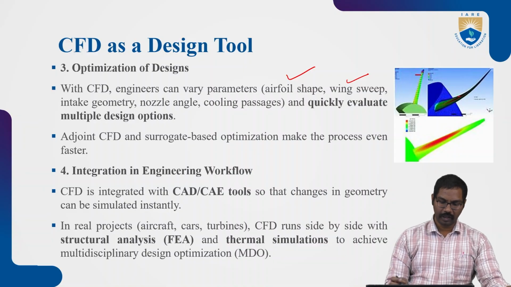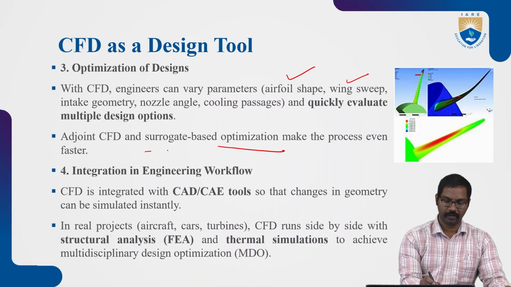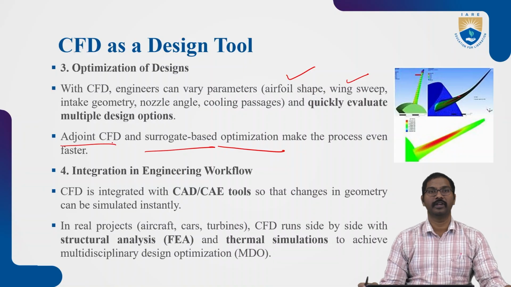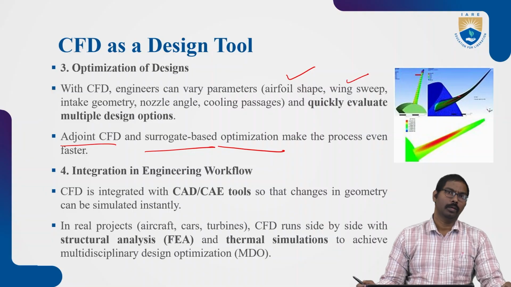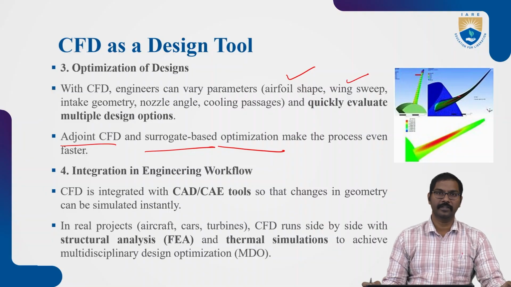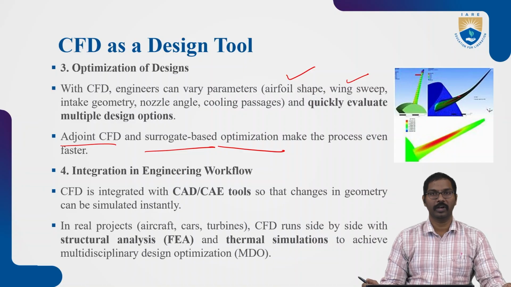So we are going to use some optimization methods like surrogate based methods or adjoint methods in the CFD, so that the CFD itself will change the design parameters in its solver, and the final optimized output can be obtained. With respect to that, we will have adaptive grid methods, or some methods where the CFD will suggest changes in the design, so that the optimized design is obtained without further changes in the CAD software.